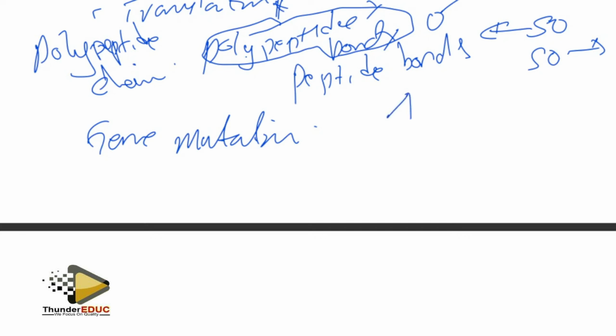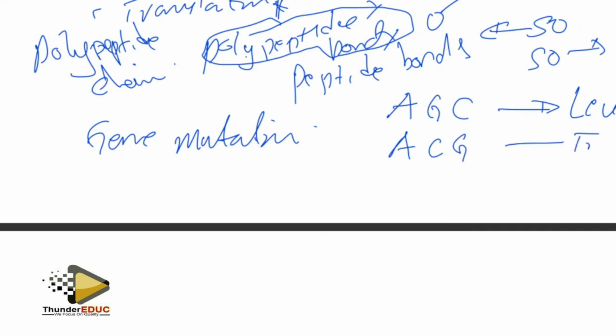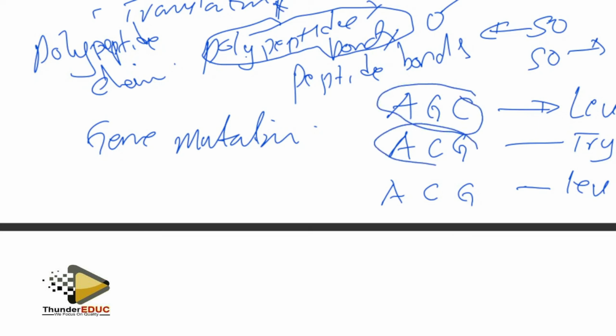If you have A, G, C, and this codes for leucine, and you have A, C, G here, and this codes for tryptophan, and then you have A, C, G, and this also codes for leucine. Then they ask you, how will the protein be affected if this is changed to this?